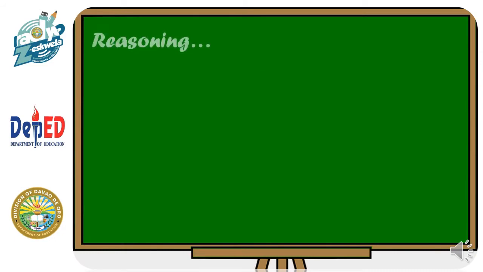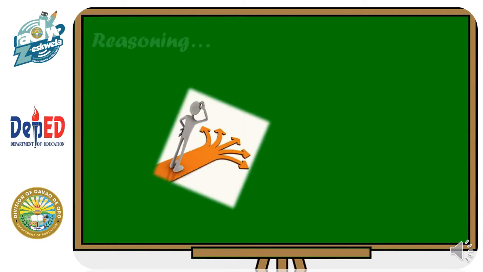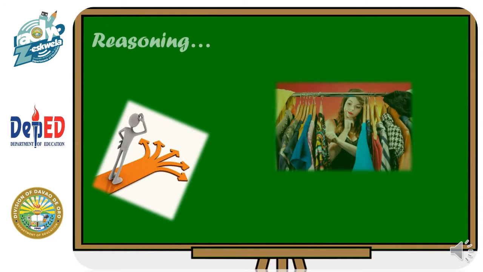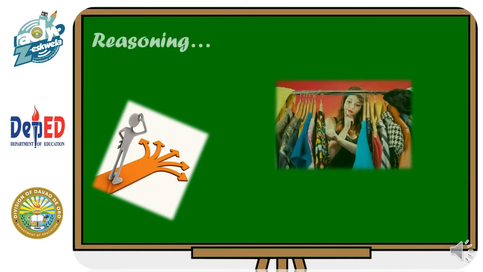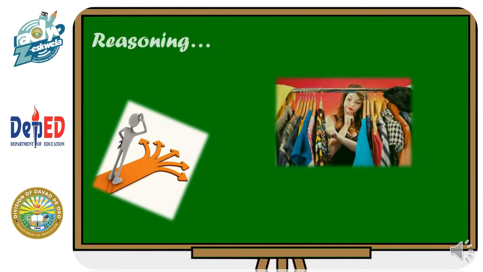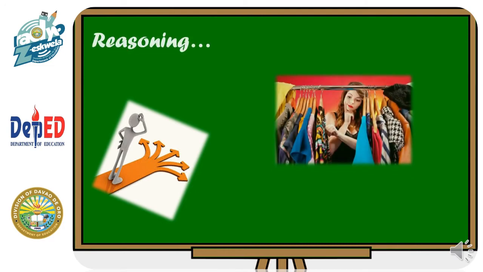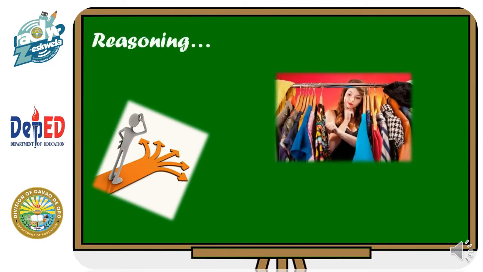Reasoning is part of our daily lives. Reasoning is always involved in making our choices, from the way we choose which route to take in going to school or the pair of clothes we want to wear.